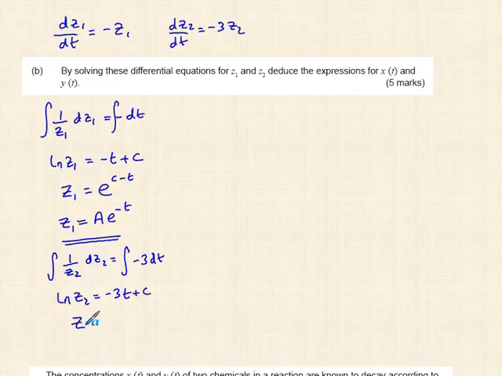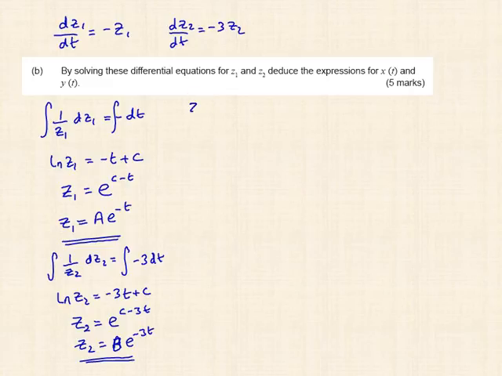So z2 would be e to the c minus 3t, and then we can say that z2 is a e to the negative 3t. In fact, we better call that b because it needs to be a different constant to this one.